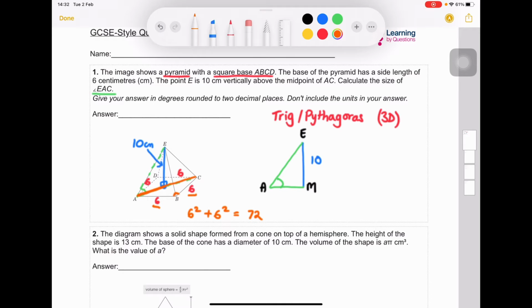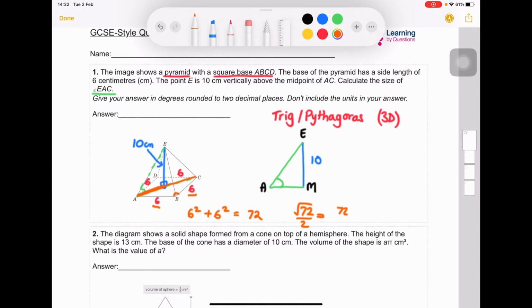And so this bit here is root 72 over 2. I mean, you could use a calculator, but I don't have one with me right now.